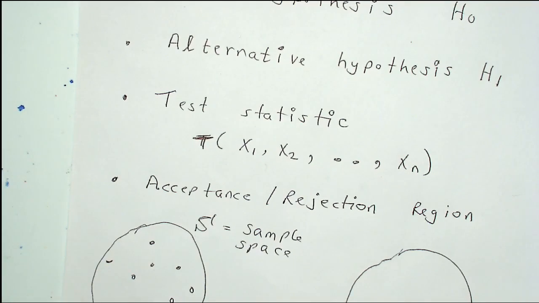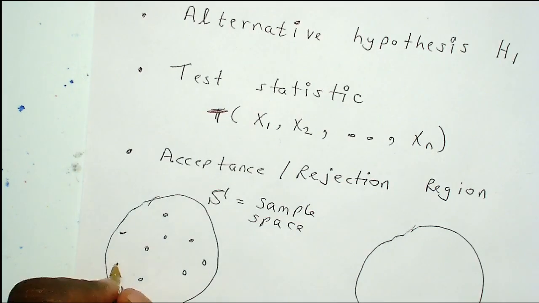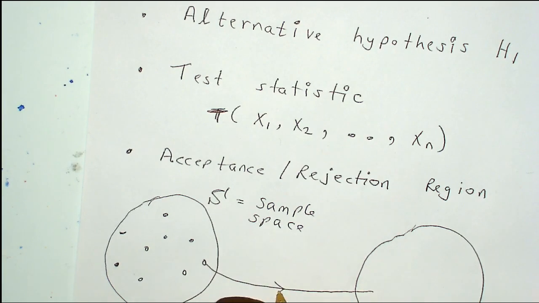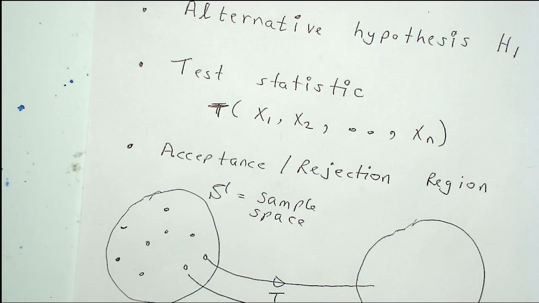It contains all possible values for the data, right? So each of these points is a set of data. And then you have another space here, and this space is obtained by applying the function t, which is the test statistic. You apply the function t to each of these data points, and you get the new space.